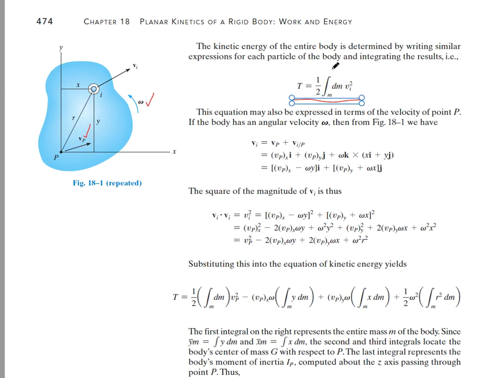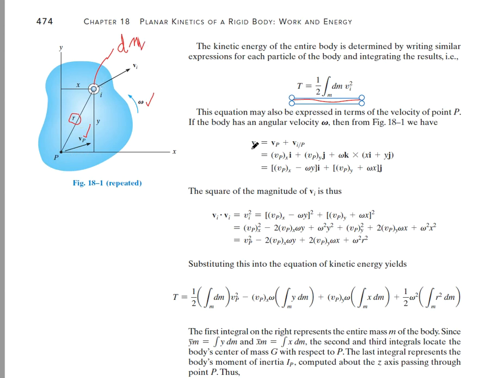Again, the total kinetic energy will be an integral of the kinetic energies of the infinitesimal pieces of mass. So this will be the small mass dm. Knowing the distance to the small mass and knowing the velocity of point P, we can write the velocity of the piece of mass dm.